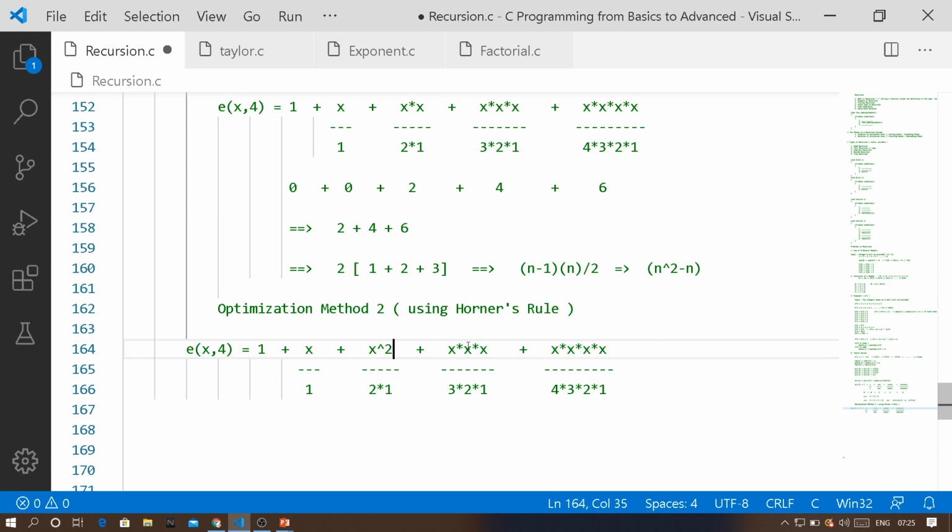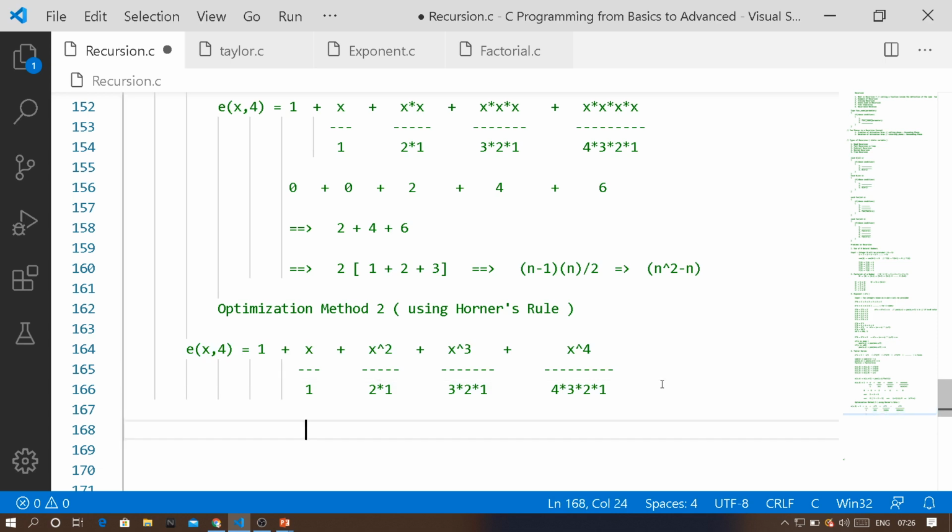Then this is x cube, x cube divided by 3 into 2 into 1. This is x power 4, x power 4 divided by 4 multiplied by 3 multiplied by 2 multiplied by 1. So this is the expansion of e of x comma 4.